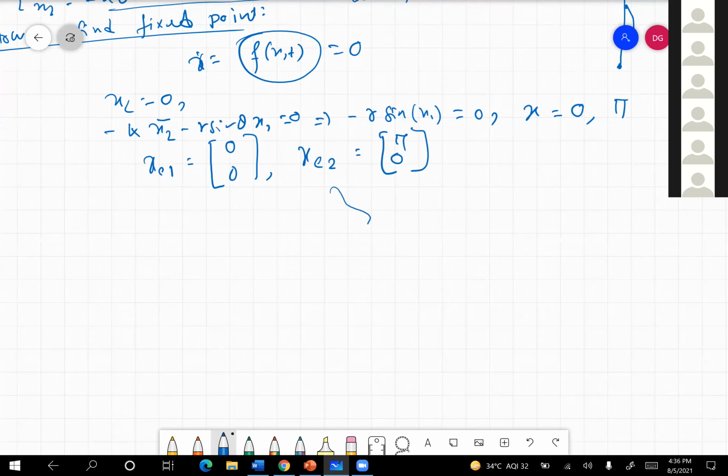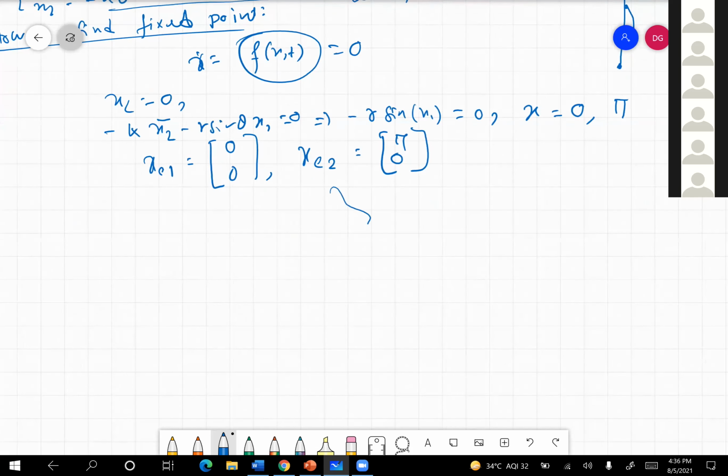If you have done some linear systems course, you will recognize this kind of system, x dot equal to Ax, where A is a constant matrix for our case. So this is basically a linear system. It can also be time varying, in which case it will be a time varying system.